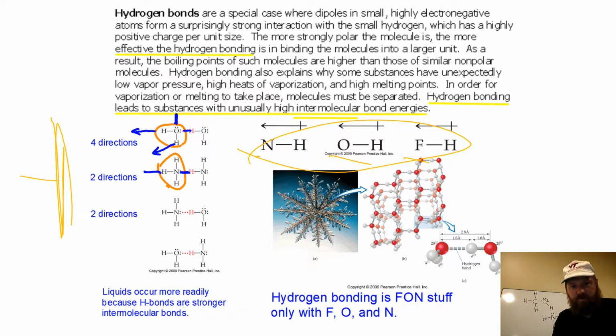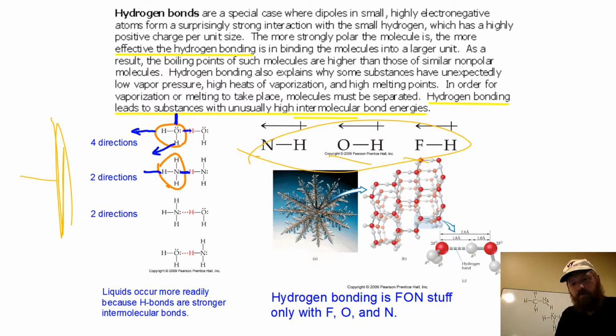So one hydrogen can reach out, another hydrogen can reach out. But then on the oxygen, there's also 2 electron pairs that can have one hydrogen attach and another hydrogen attach. And with those 2 hydrogens attached, there's 2 connections on the oxygen. And then the 2 hydrogens are going to 2 other oxygens. So it's 2 out and 2 in.